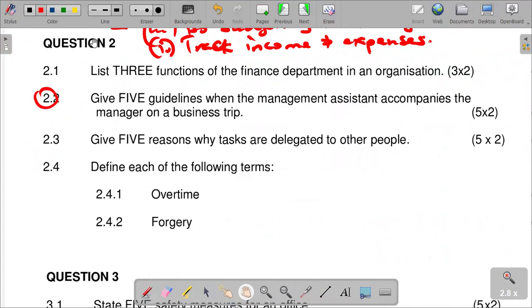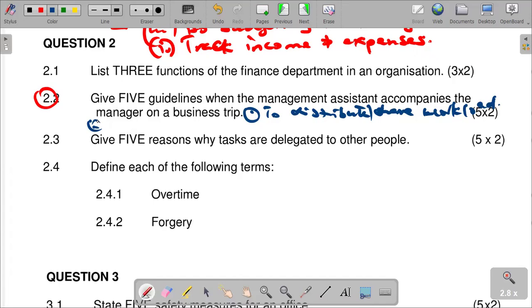One, delegation is done in order to distribute or share workload. That is one very important reason.